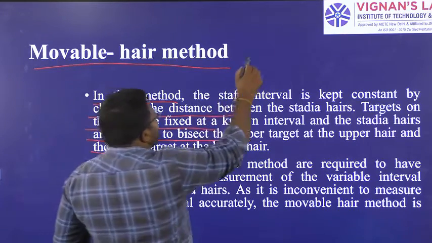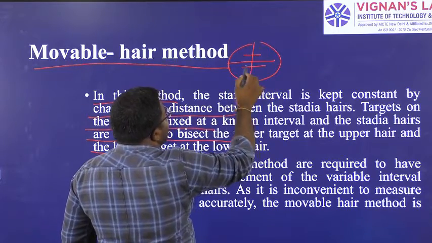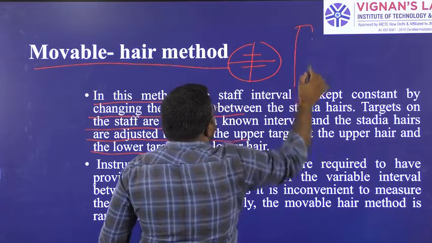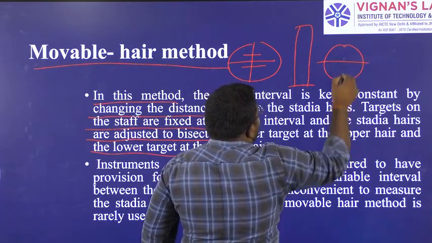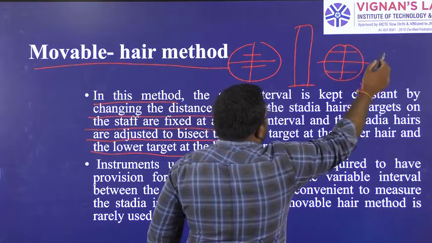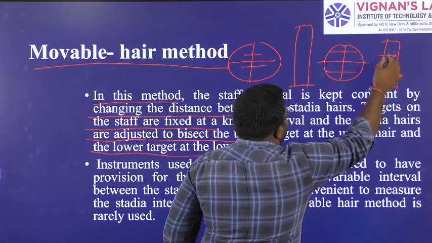In the previous case, the hairs were fixed and the staff intercept varied. Now in the second case, the hairs can be moved, but the values on the staff are kept constant.